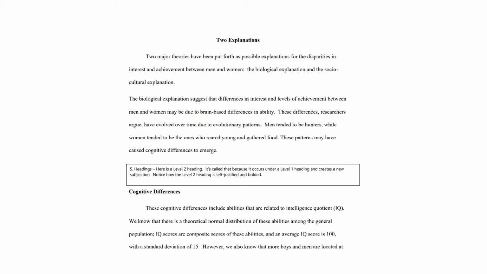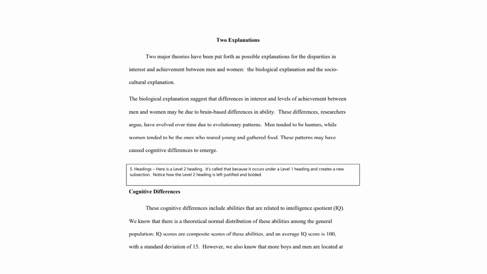But now, going down, we see the words cognitive differences. And we notice that the words are not centered. They're flush left against the left margin. This is how you do a level 2 heading.